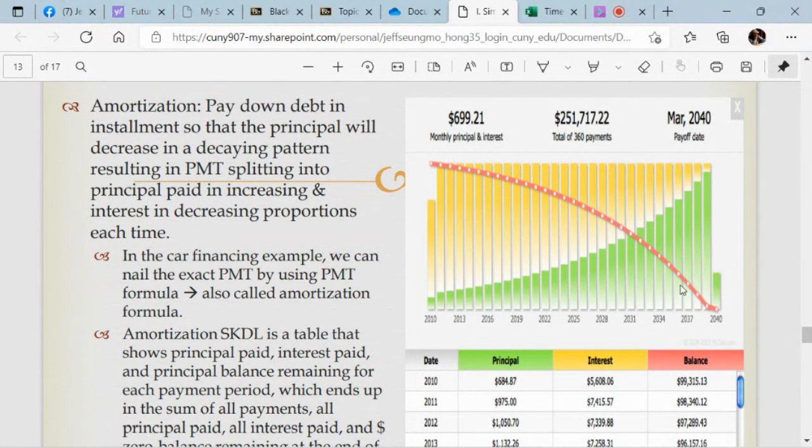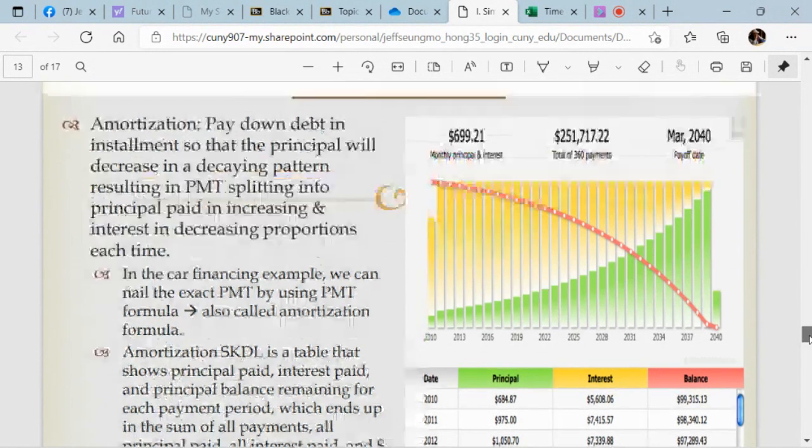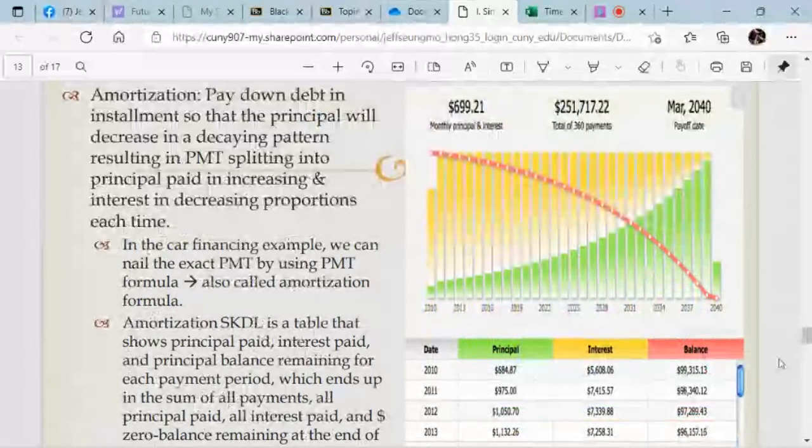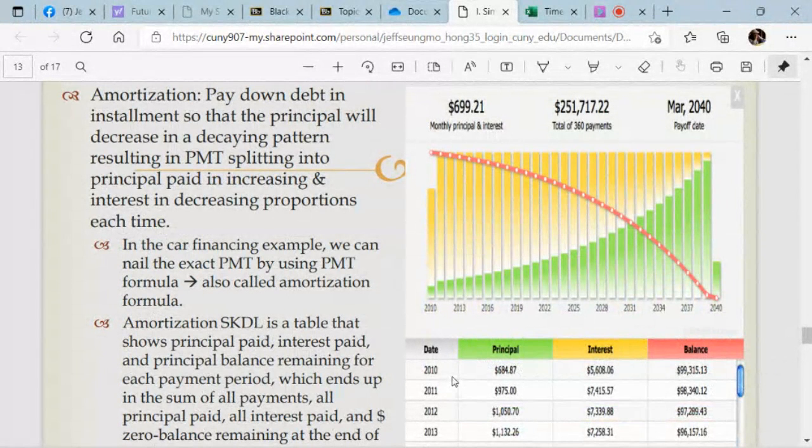It looks like in this example, they got a $100,000 loan, because I can tell the balance in 2010 is 99,315.